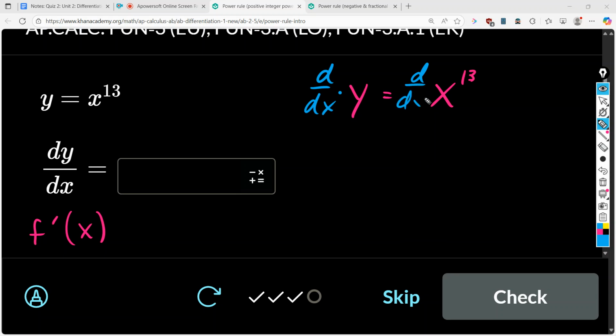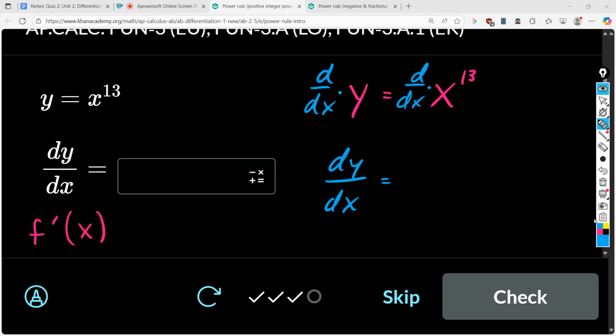Over here, d over dx of y is just going to be dy dx. And on the right-hand side, we are just differentiating x to the 13th.